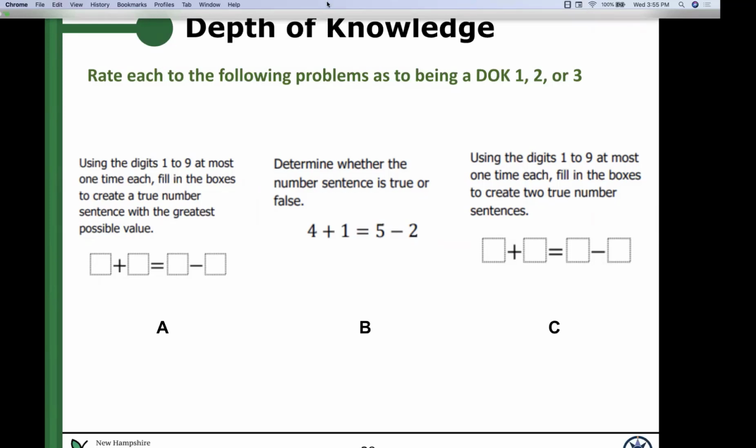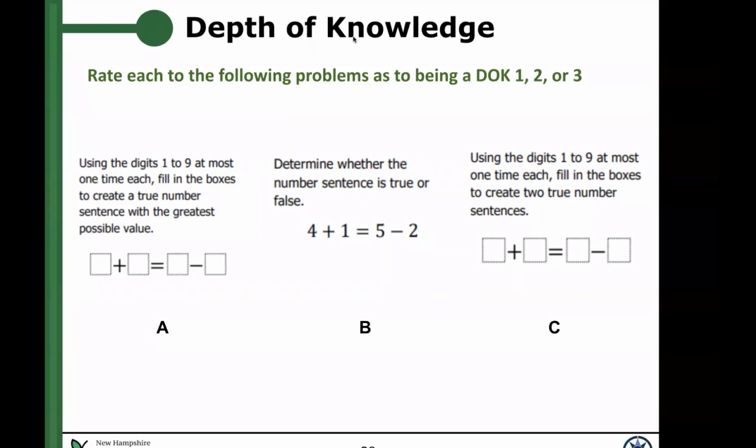Then if we move on to C, we can see that's a 2. So using the digits 1 to 9 at most one time, fill the boxes to create 2 true number sentences. And then I move on to A, which is my DOK 3. So you can see how the cognitive thinking increases and rigor increases as you go along.